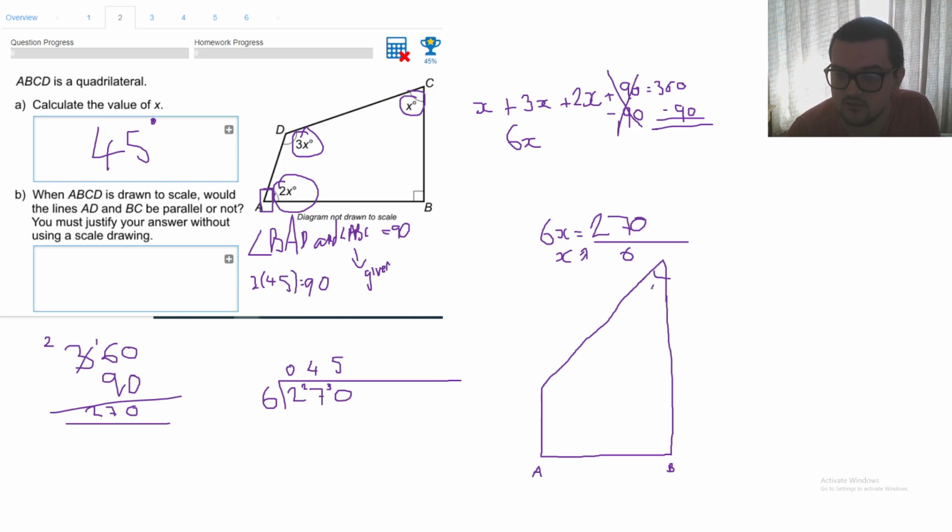This angle is 45. This angle is 3 lots of x, which is 135. These two angles are both right angles. So we have proved that AD, so we're going to put a D for this point here, and BC are both parallel. So let's go to the next question.